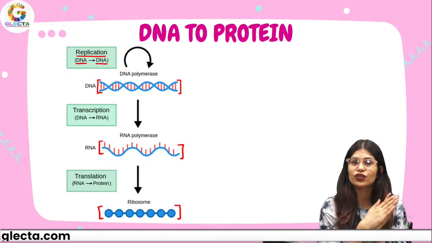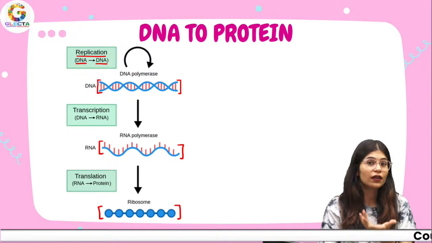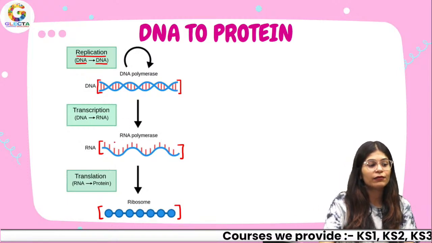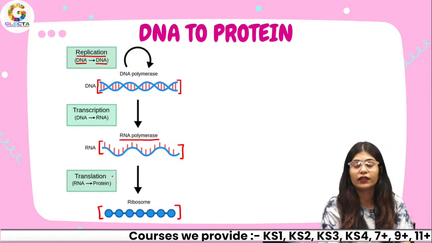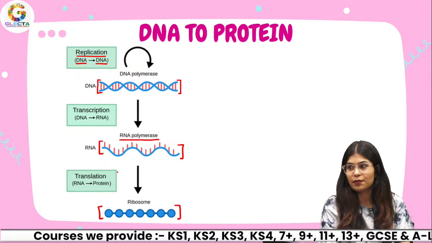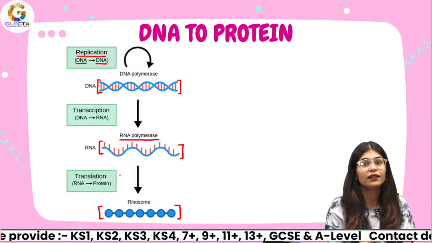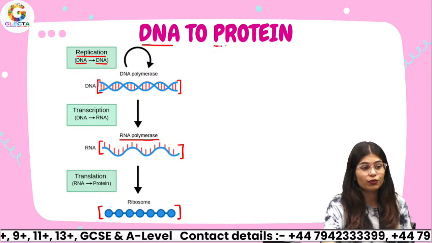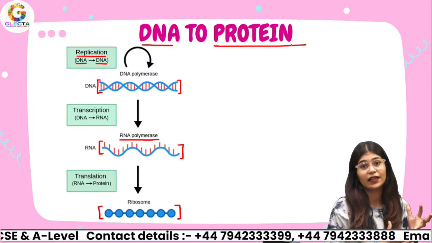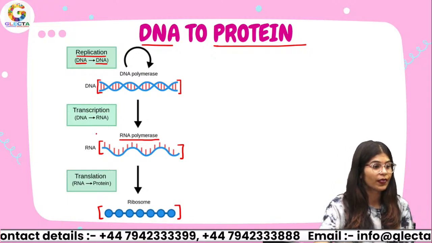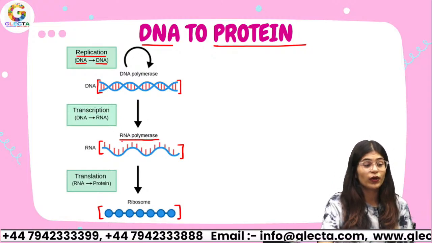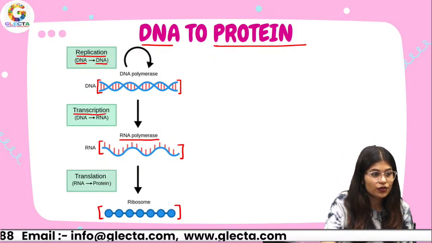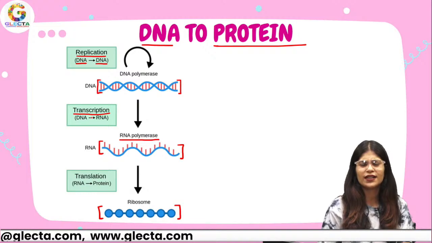So for that, it has to keep on replicating its DNA. Then once I have a lot of DNA, I am going to make RNA out of it. So RNA is basically like a messenger of that entire process. Why? Because I have to go from DNA to proteins, and I have to get the DNA codes out from the nucleus. So this process in which RNA is made, we call this process transcription. Why do you think it's called transcription?